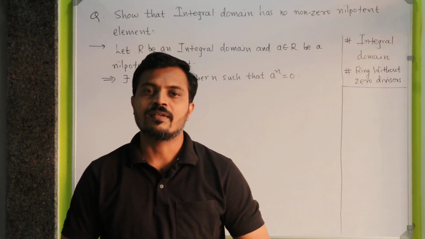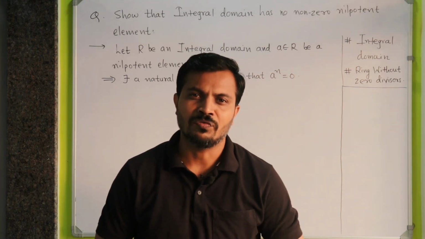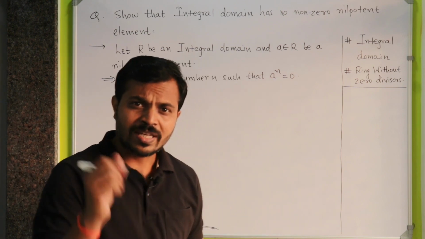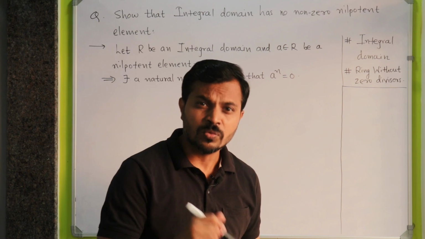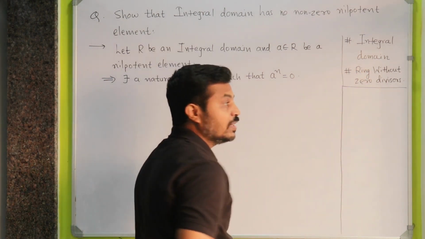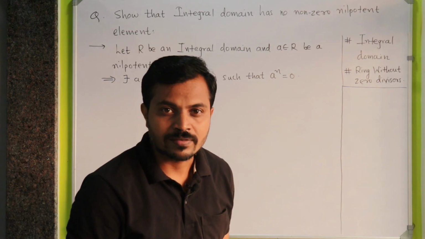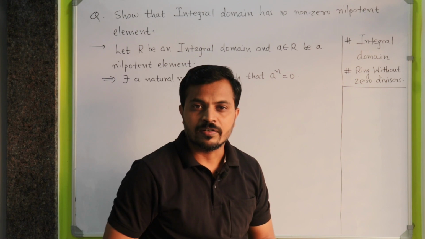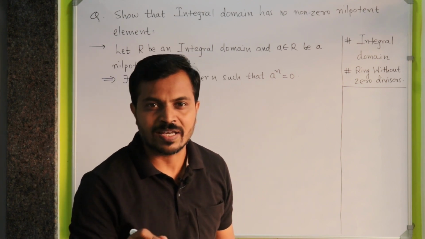An integral domain is a commutative ring with unity without zero divisors. Now everybody knows what exactly a commutative ring with unity is, but the problem is without zero divisors. So the main question is, what do you mean by a ring without zero divisors?